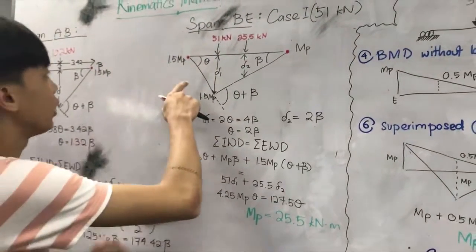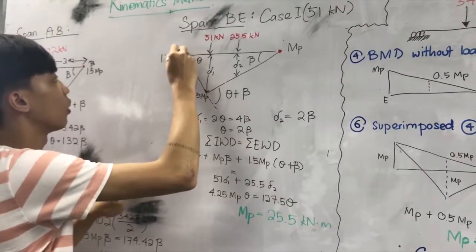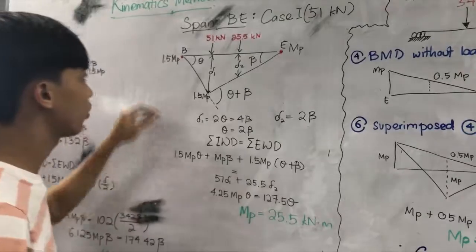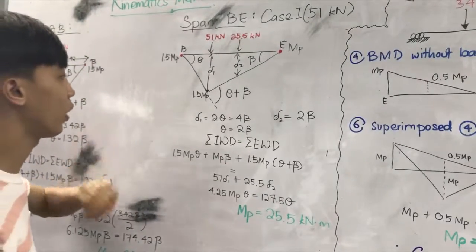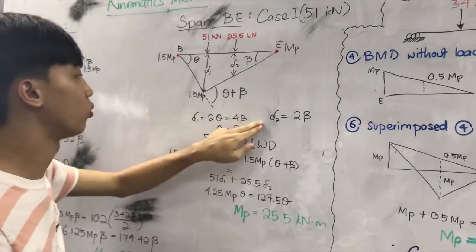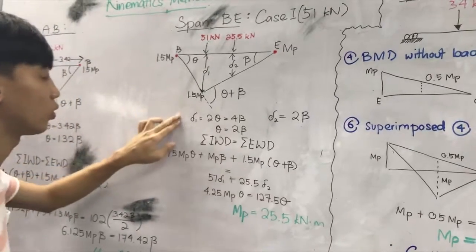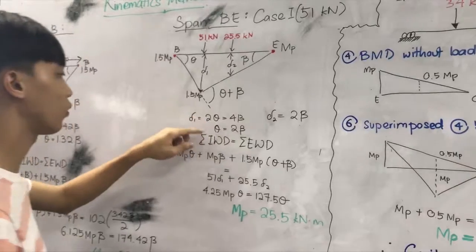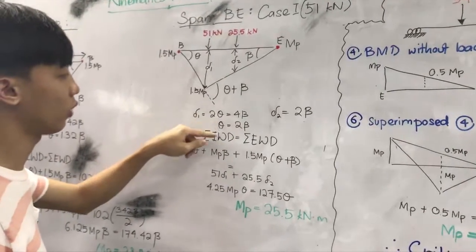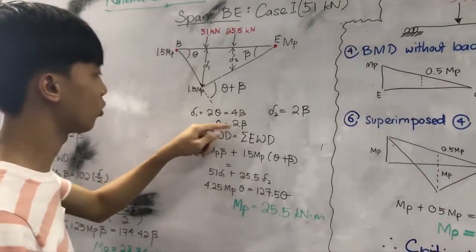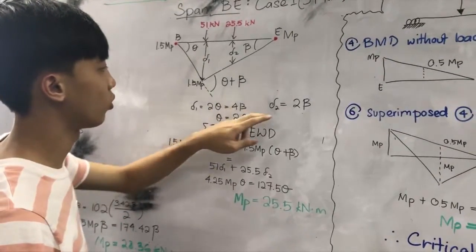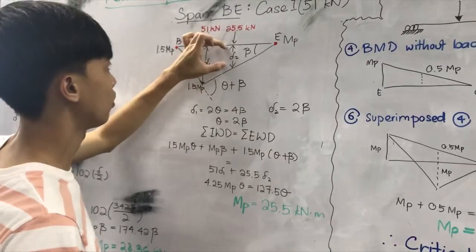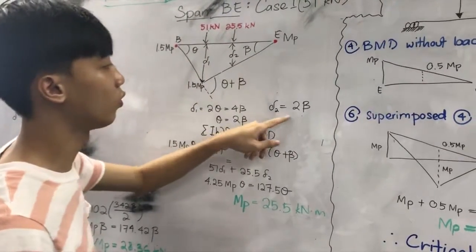So the location of hinge is both at B and E. From the plastic moment diagram, you have to define delta 1 and delta 2, in which delta 1 is equal to 2 delta and 4 beta. Then you have to solve it again, so that theta is equal to 2 beta. So for delta 2, which is the deflection here, 25.5 kilonewton, is equal to 2 beta.